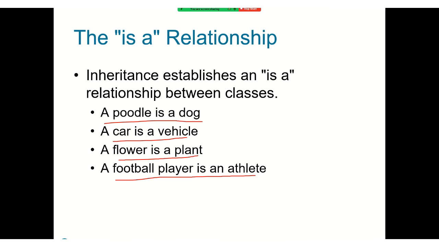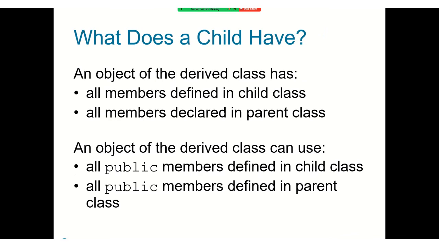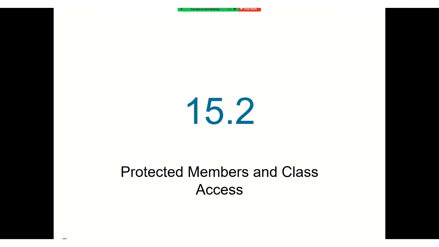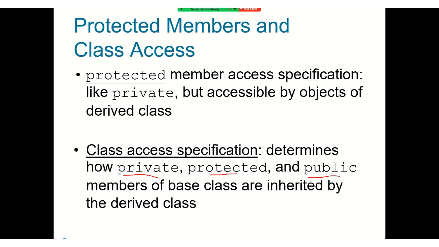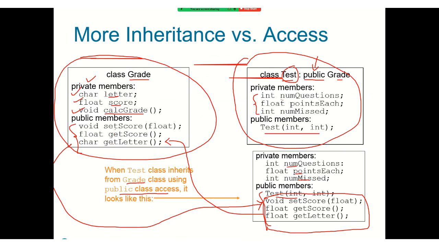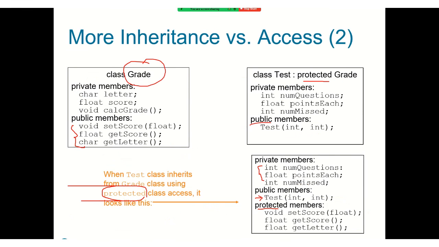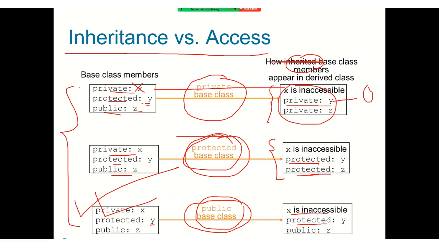Then we put together some examples, and then we defined the protected members and class access. So here you have to remember this picture. This picture is translated into this diagram, again a class diagram. If you combine this picture with these three diagrams, then it will give you a complete sense of how things are working across the inheritance space.